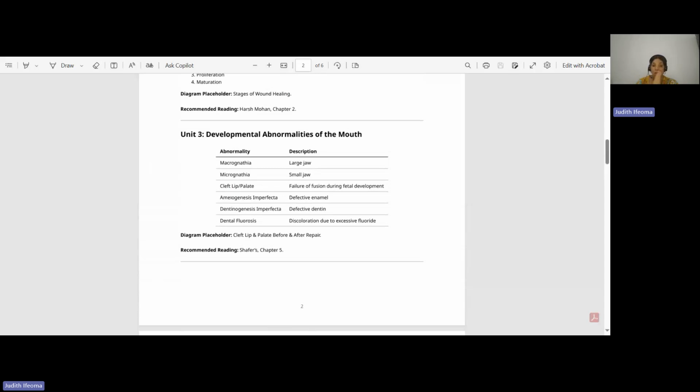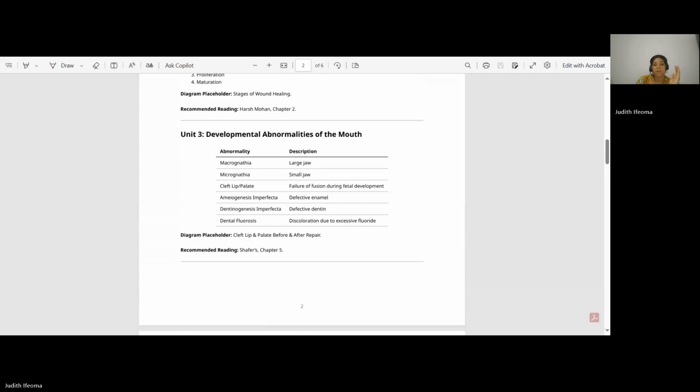This can cause feeding difficulties in babies and speech problems, and requires surgery to correct. These surgeries come out successful as well. When you go to Google, you can see the before and after of these cleft palates, just like I showed in the image.